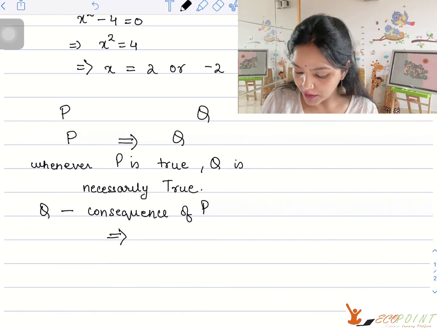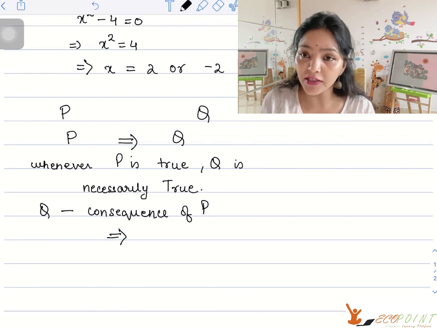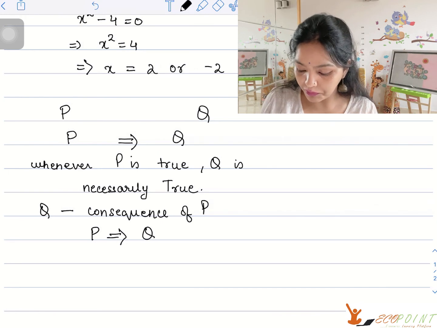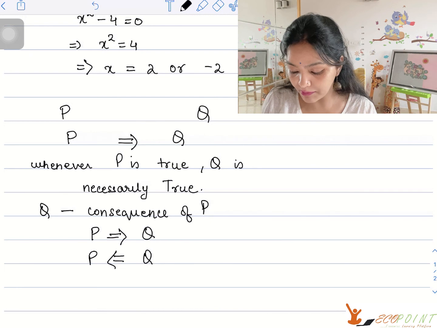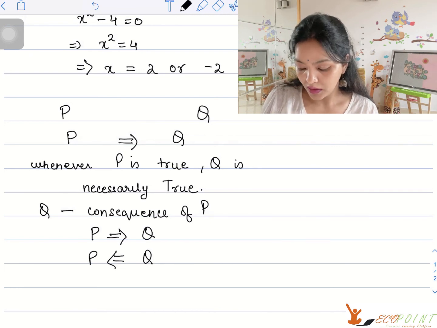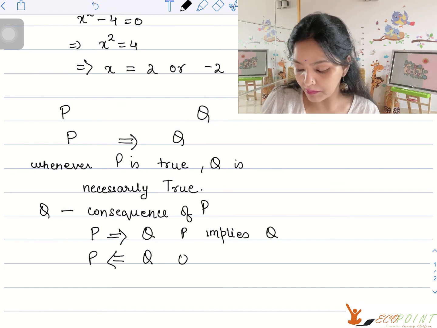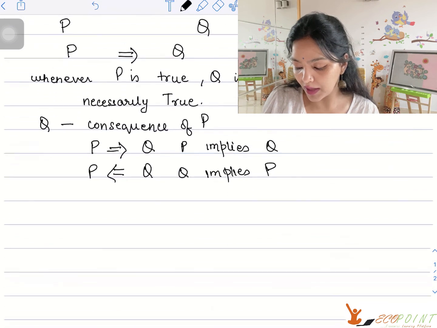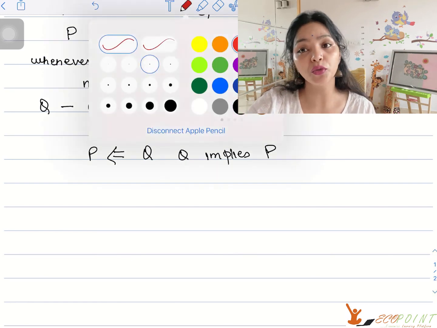And this arrow sign tells you the direction of the logical implication. What is implying what? If P is implying Q, the arrow will be like this. If Q is implying P, the arrow will be the other way. This is P implies Q and this is Q implies P. As I've already told you, P implies Q means whenever P is true, Q is true.